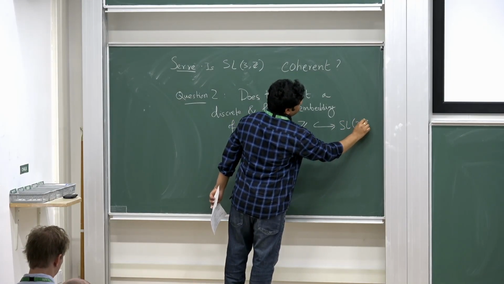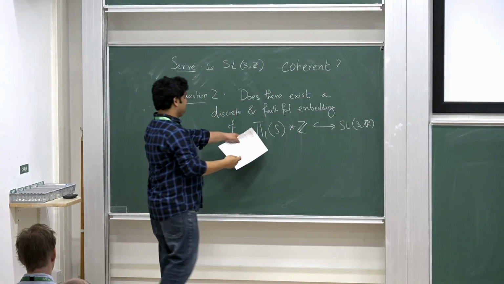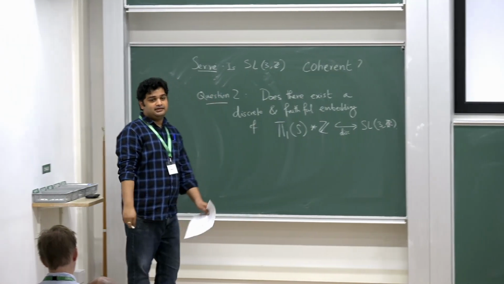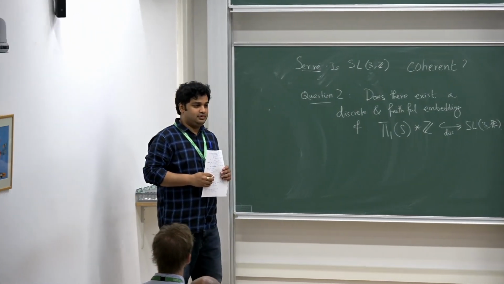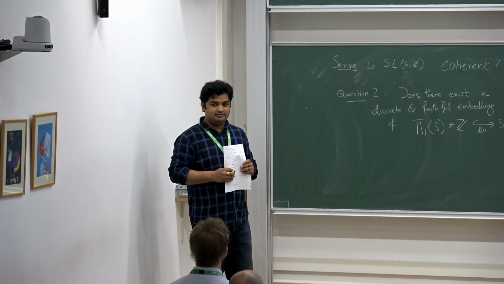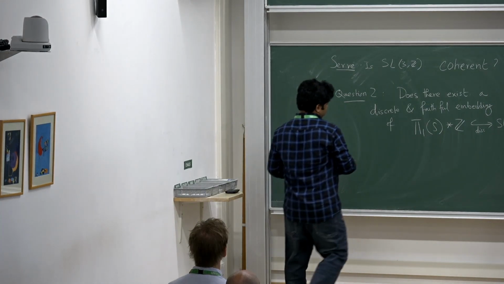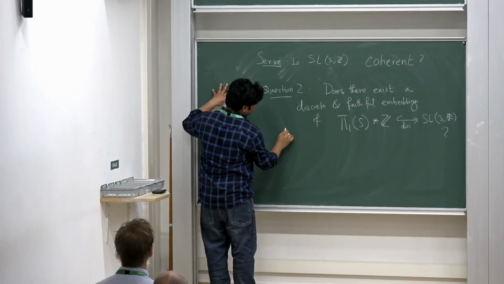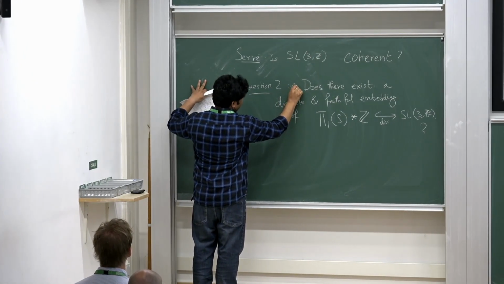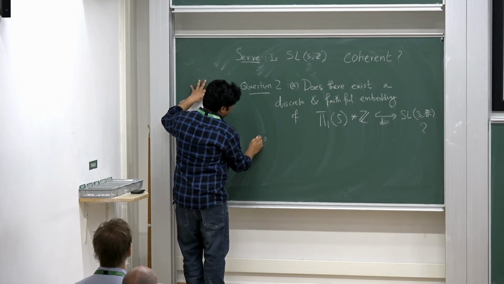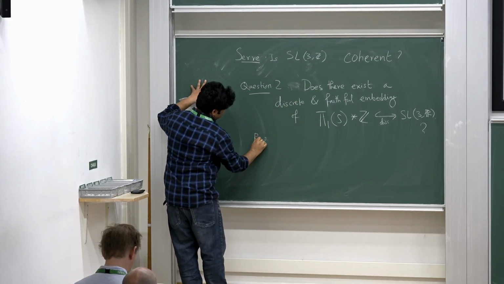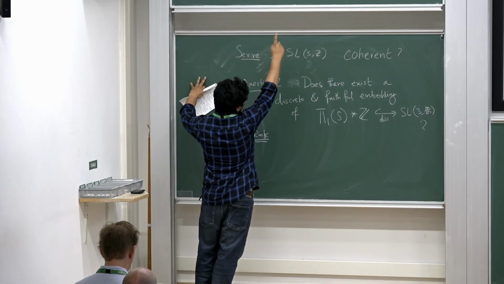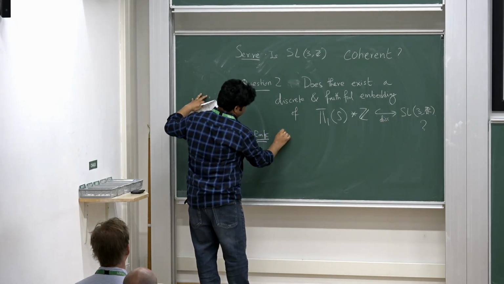So you're enlarging the target, and asking whether you can put this discretely. This is also not known. On the other hand, for part A, this should be remarked: there are examples of discrete embeddings of this group inside this bigger group.